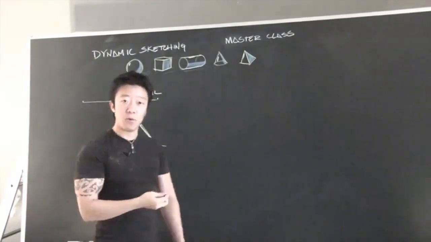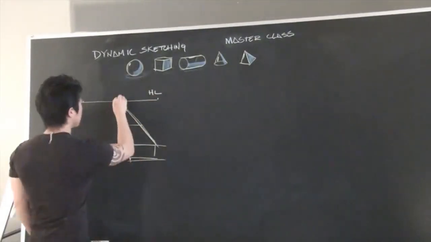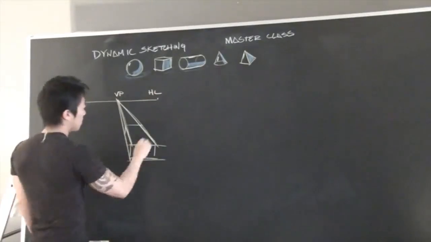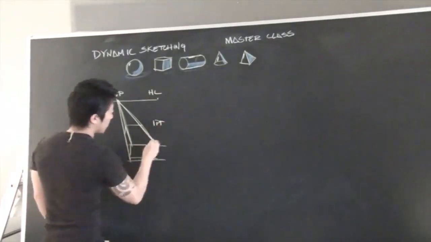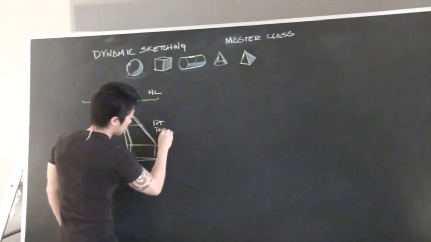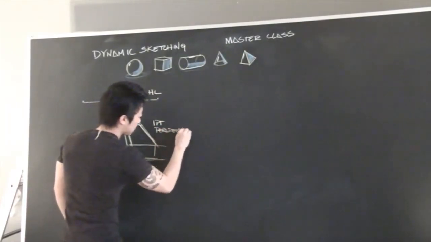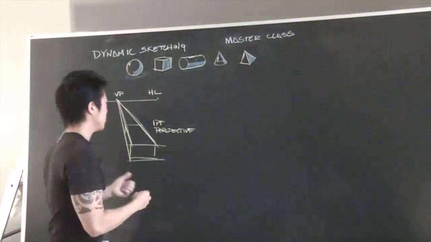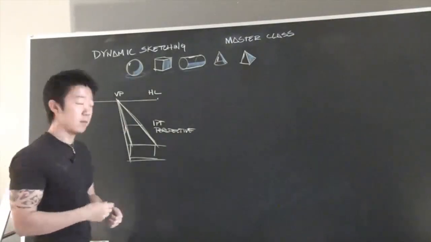This is a one-point perspective. This is your vanishing point, horizon line, 1 point, perspective. I'm not going to go too deeply into perspective, but I just wanted to give you a general idea of how to handle it.